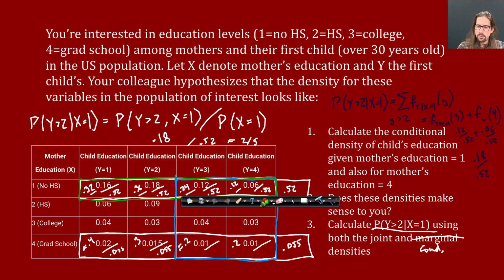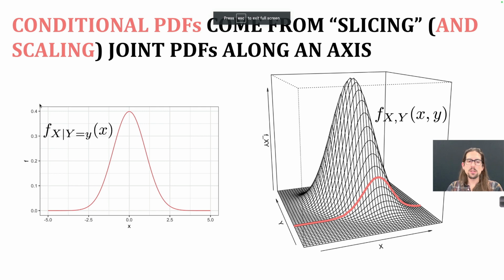So you should be able to reason about this rather than remember specific formulas. You should be able to reason about these things by just thinking about counting people, what subpopulation you need to count in, who you need to exclude, rather than memorizing particular formulas about marginal and conditional densities. Okay, so we've talked about conditional densities for discrete random variables.